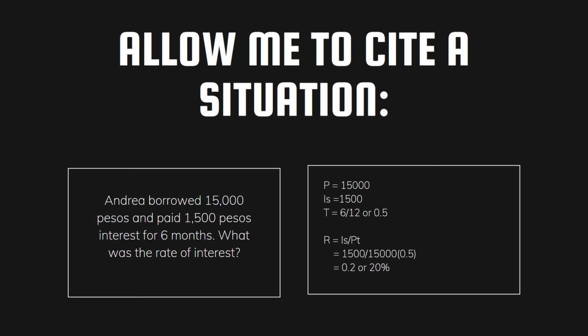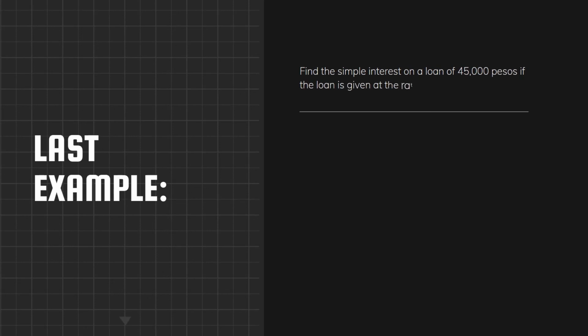R equals IS over PT. 1,500 over 15,000 times 0.5 equals 0.2 or 20%. Therefore, the rate of interest is 20%. Here is our last and final example.